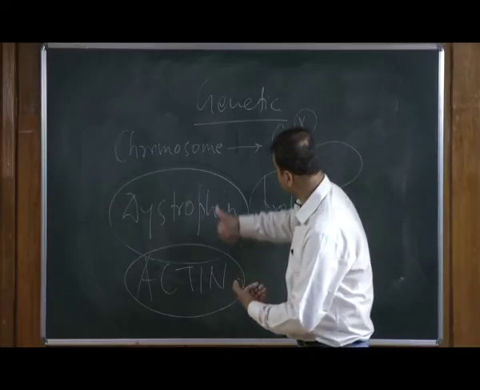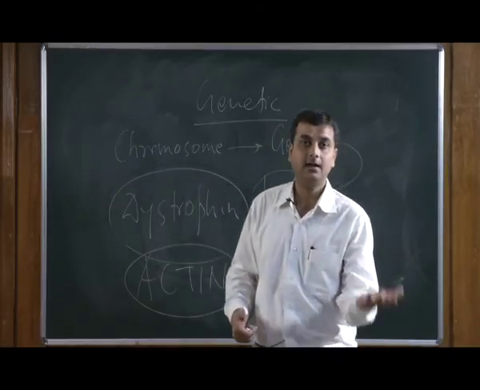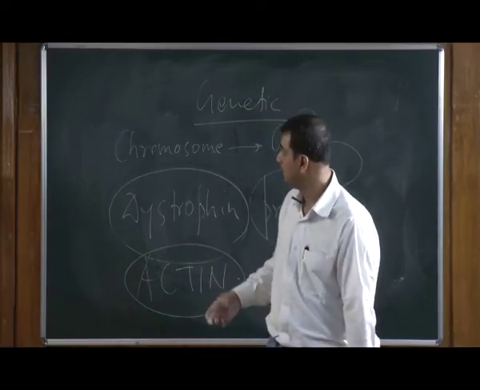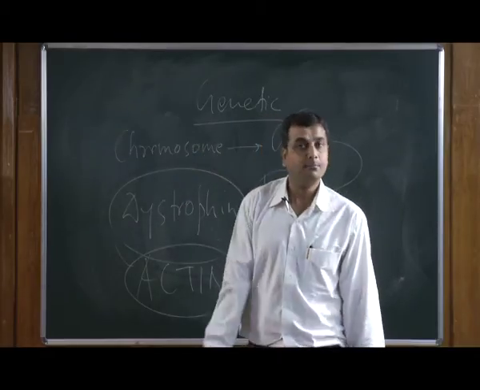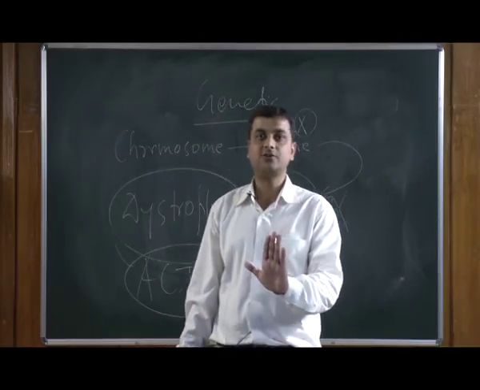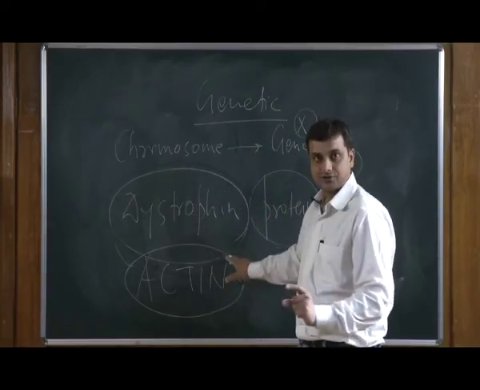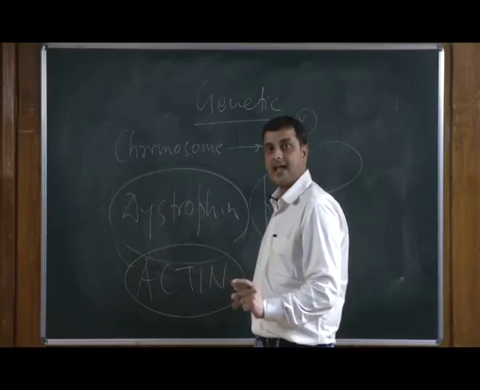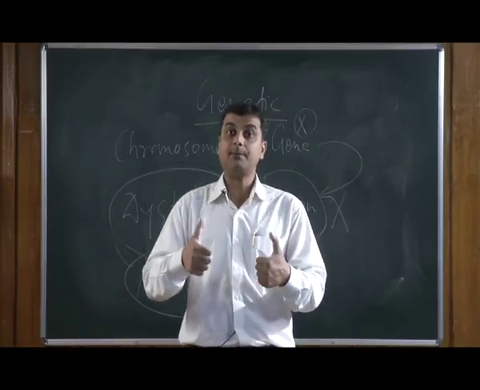If dystrophin is abrupt, the actin will also behave abruptly, and because of this abrupt behavior one suffers from a disease condition which we call muscular dystrophy. So, muscular dystrophy is a genetic disorder, a problem in a gene called dystrophin which is associated with actin, and because of this the body is unable to produce proper muscle mass.